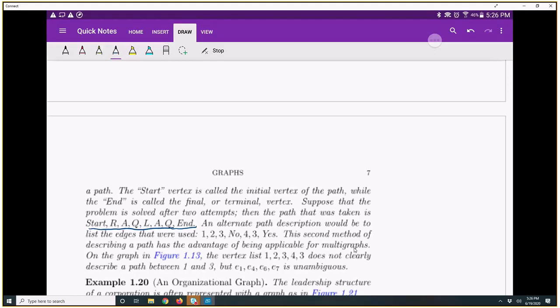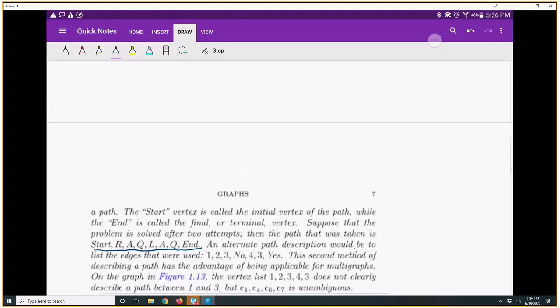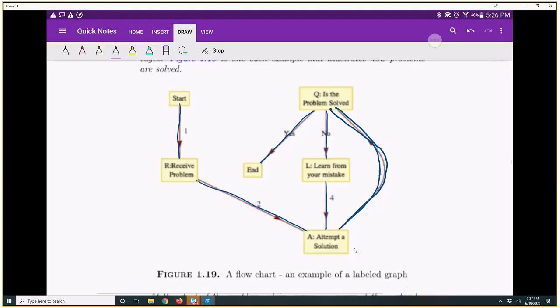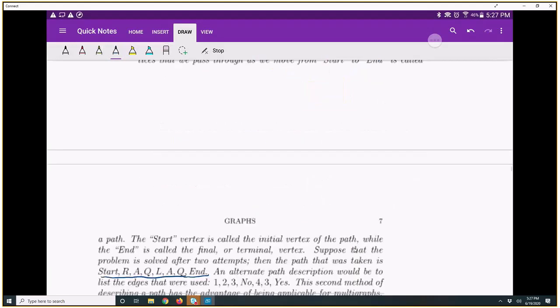An alternate way to describe the path would be to list the edges that were used. So we could say we traveled down the edge 1, then 2, then 3, then the edge no, then the edge 4, then 3, and then yes. So we could also describe this path in terms of the labels for the edges.